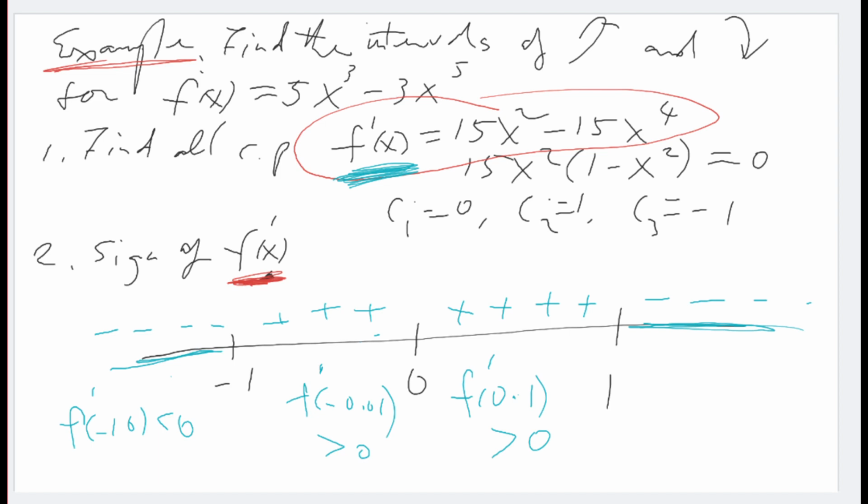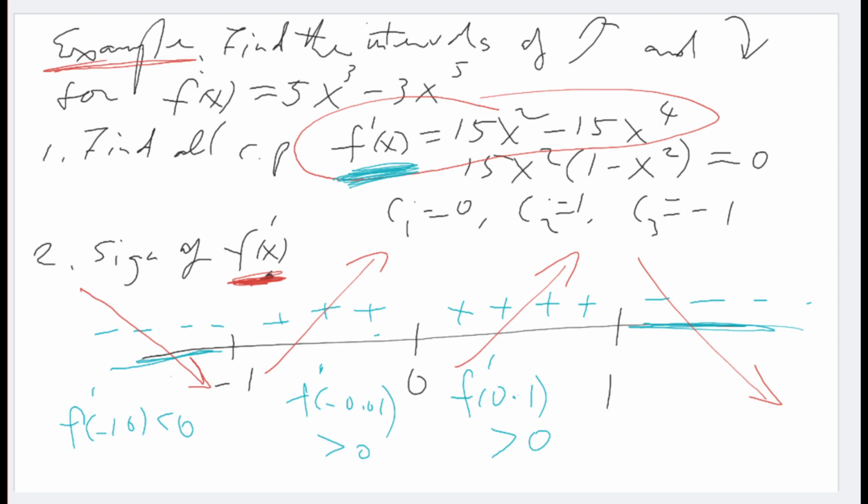All right, so we got our sign chart. With the sign chart, we can tell the graph will decrease, increase, increase, decrease. That's our answer. From negative infinity to -1, the function will decrease. From -1 to 0, it will increase. We're not looking at the graph, okay?